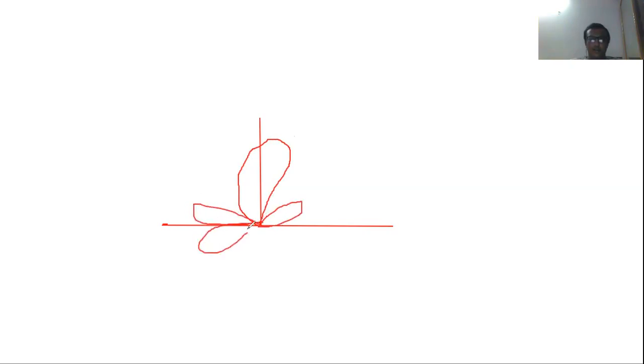See this, it radiates the power in a specific direction. This is known as the radiation pattern.